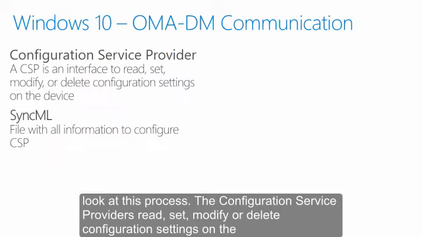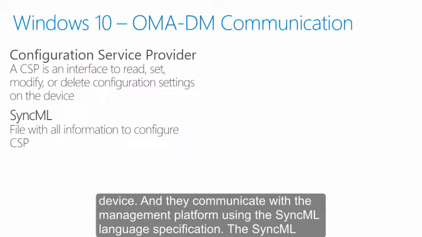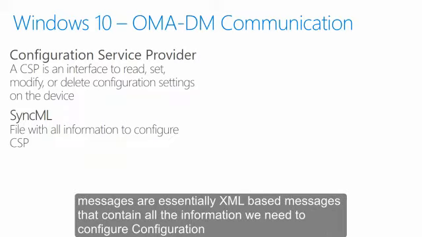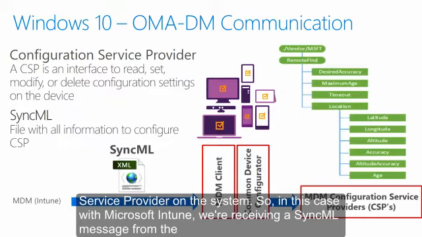So let's take a little more detailed look at what happens as we look at this process. The configuration service providers read, set, modify, or delete configuration settings on the device, and they communicate with the management platform using the SyncML language specification. The SyncML messages are essentially XML-based messages that contain all the information we need to configure a configuration service provider on the system.